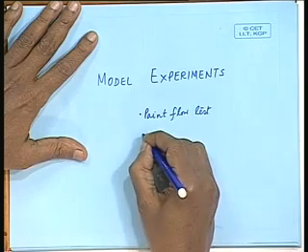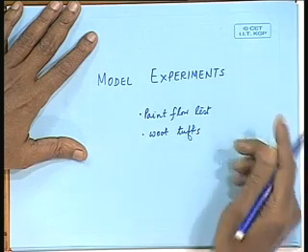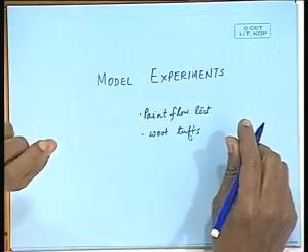and sometimes we use wool tufts, small woolen threads attached by means of pins to a model body at various locations, and when the flow is seen either through a glass panel mounted on the wall of the towing tank, which is generally not the case, or by video recording the flow, the wool tuft positions on the side of the model, we can realize if the flow is streamlined or there is existence of separated flow.